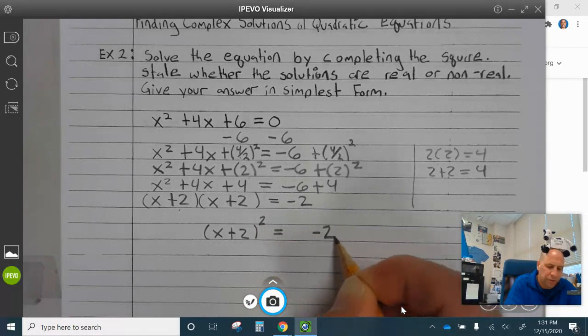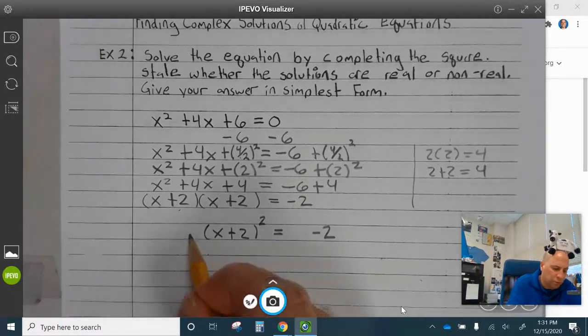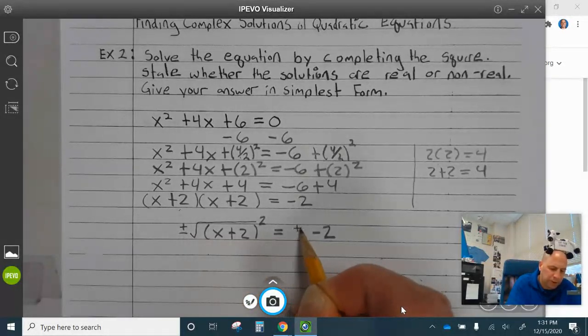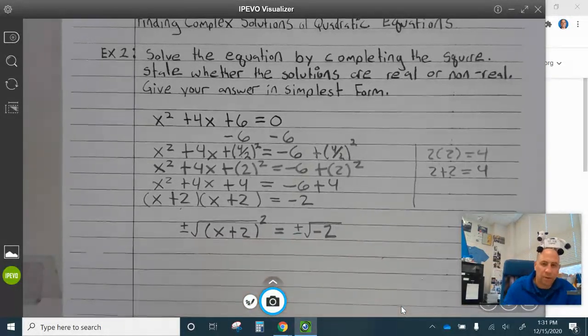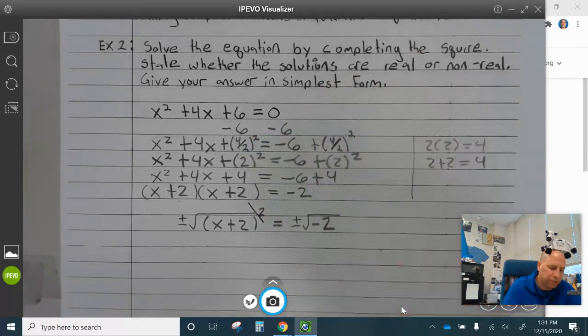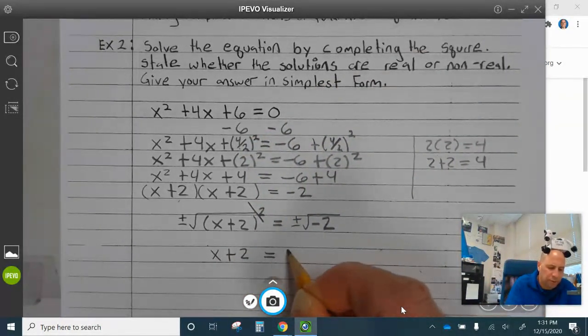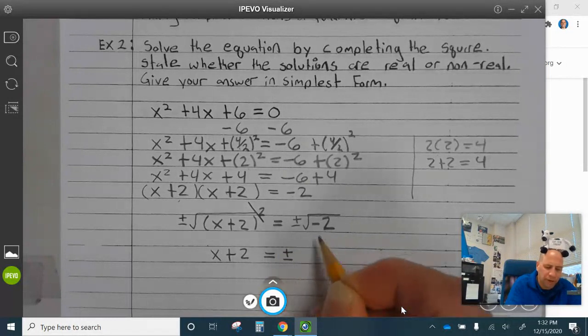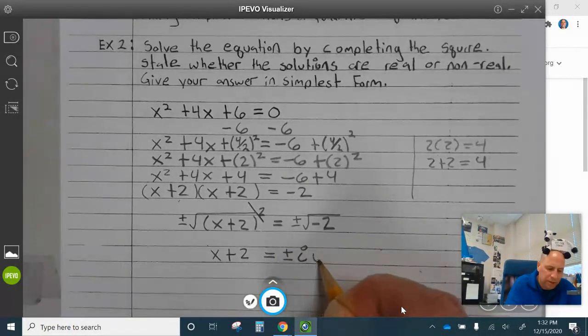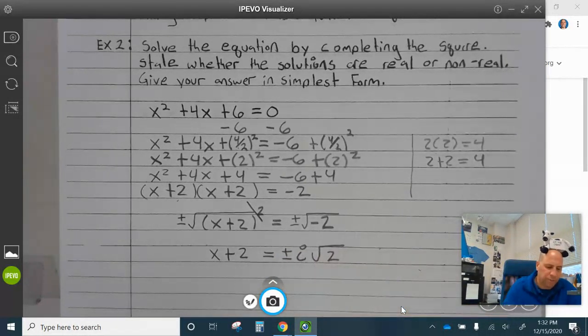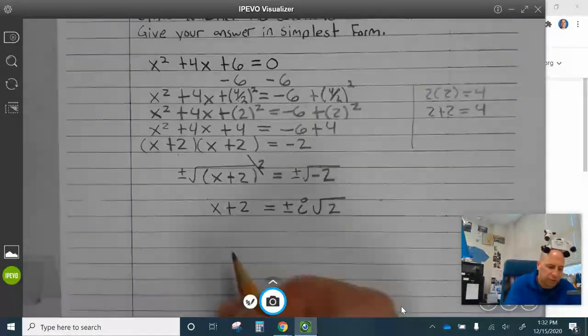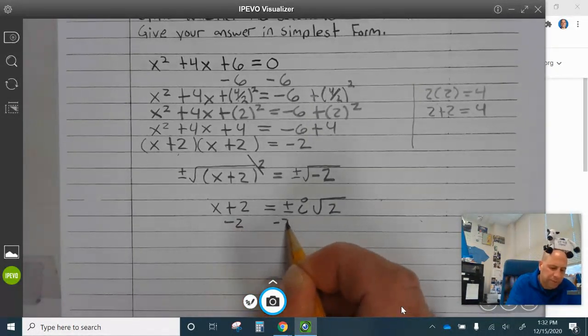equals negative 2. We're going to take the square root of both sides, plus or minus. This cancels. You're left with x plus 2 equals plus or minus the square root of a negative number, which is i, so i square root of 2. Subtract 2 from both sides.